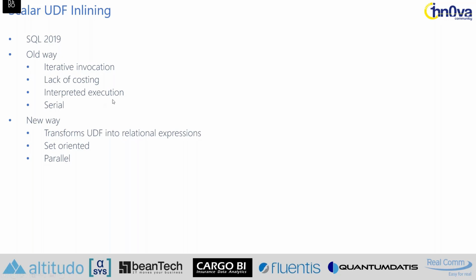This was an interpreted execution, and there was no way for SQL Server to run this query in parallel, so it was always a serial plan. In the new way, SQL Server transforms scalar UDFs into relational expressions. This is set-oriented, and it can be run in parallel with some limitations, but in most cases it can do this.